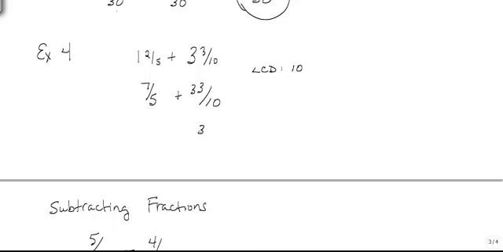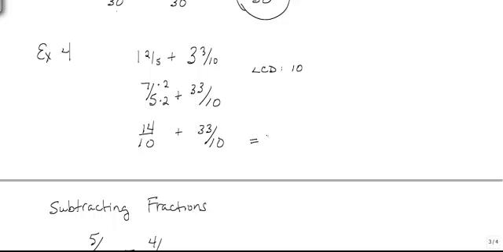I already have 10 here, so I just bring it down. I need 10 here, so what do I multiply 5 by to get 10? Well, 2. And I can do that as long as I multiply the 7 by 2. So now I add the numerators. 14 and 33 turns out to be 47/10, which won't reduce, and you do not need to change it back to a mixed number.